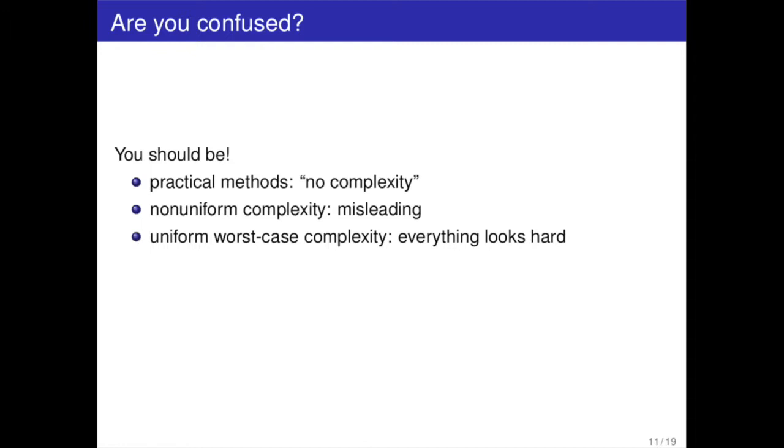Practical methods are efficient, but they give no complexity bound. They don't even always give a correctness bound. Non-uniform complexity is very misleading because it could give you the impression that things are easy when they're not. And uniform worst-case complexity makes everything look hard except linear. But it's also misleading because it's worst-case complexity. Most of the equations are not super hard either.